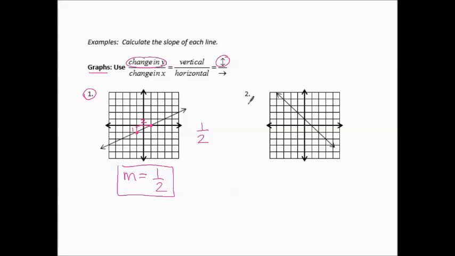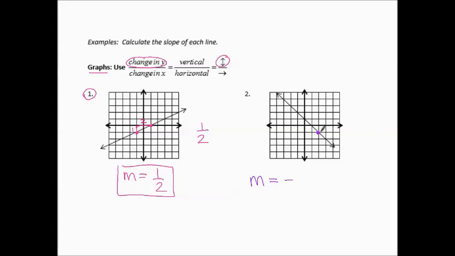Let's look at my second example here. I see when I look at this graph that from left to right it is decreasing. So I know that my slope is going to be negative. Decreasing means I have a negative slope. Going back to my first example, I noticed that I have increasing, so it was positive slope. So I put my negative down, and I want to find 2 points just like I did for the first one. You always need 2 points, no matter if you're looking at a graph or you're given them.